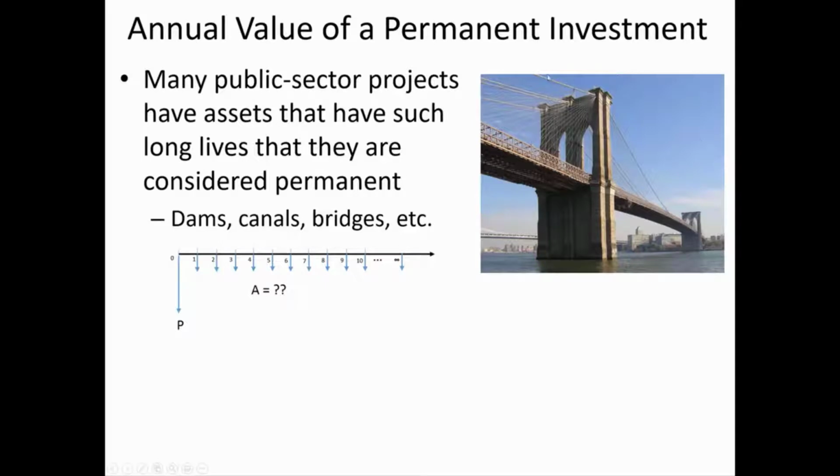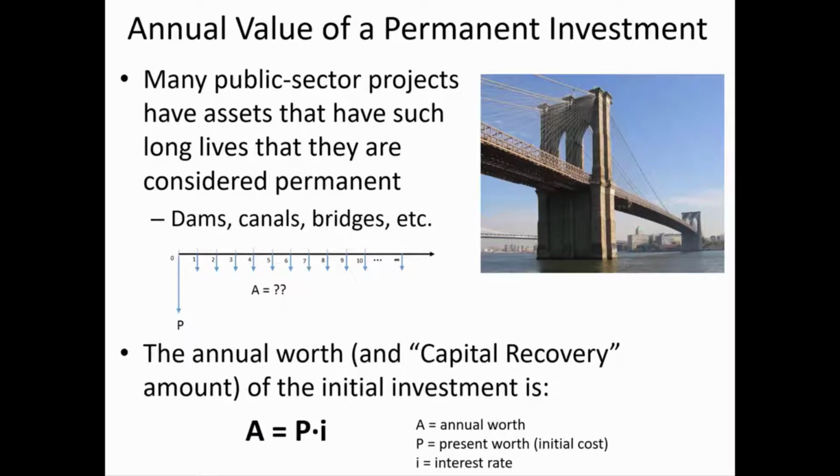Like if a bridge is going to be a toll bridge, if people have to pay to cross the bridge, you may ask yourself, how much revenue each year would you need to collect in order to justify that initial present value investment? And so if you think about what we were just looking at on the previous slide, this time we're just going to be solving for A with a known P. So it's kind of the reverse of the previous illustration.